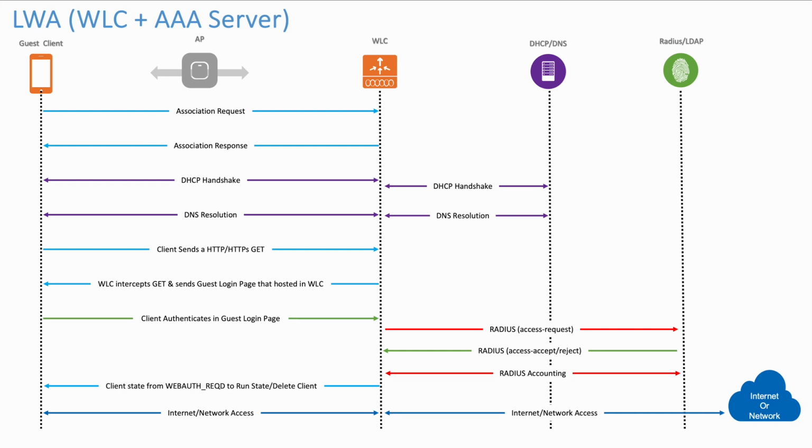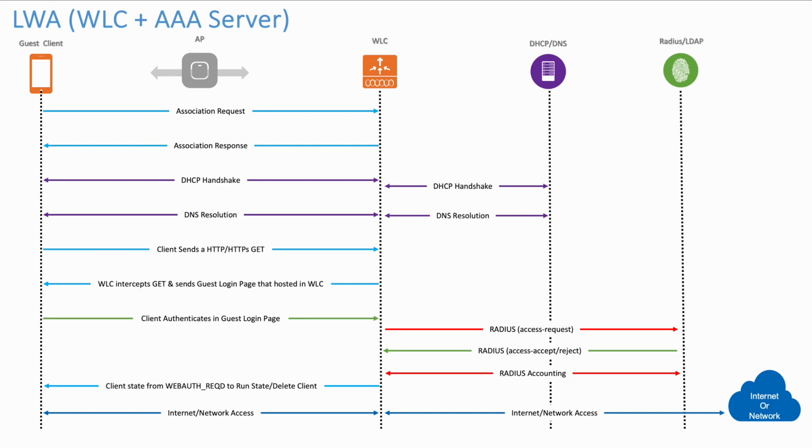As you can see here, the WLC will send an access request to the Radius server, and the Radius server will respond back. It can be access accept or reject. Once the authentication is successful, the Radius accounting messages will be passed between these. I just added that. It's not mandatory. The accounting feature is not a mandatory thing in an AAA scenario.